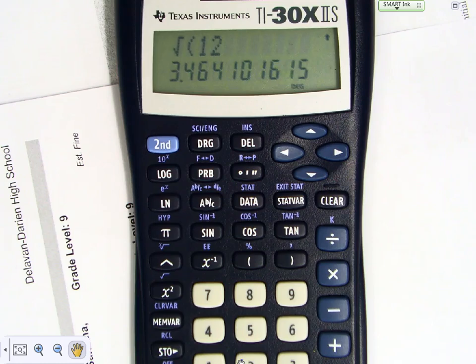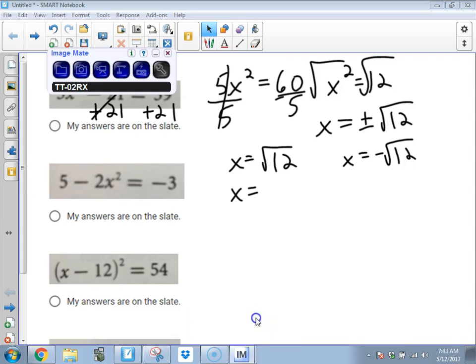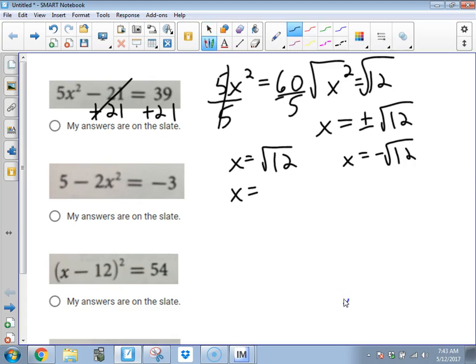Okay, so this is the approximate answer, or one of the approximate answers. Again, there's 4 different things that they have you put down in just the first problem. So then x equals, what was it again, 3.46? Yeah. So x equals 3.46 and x equals negative 3.46.